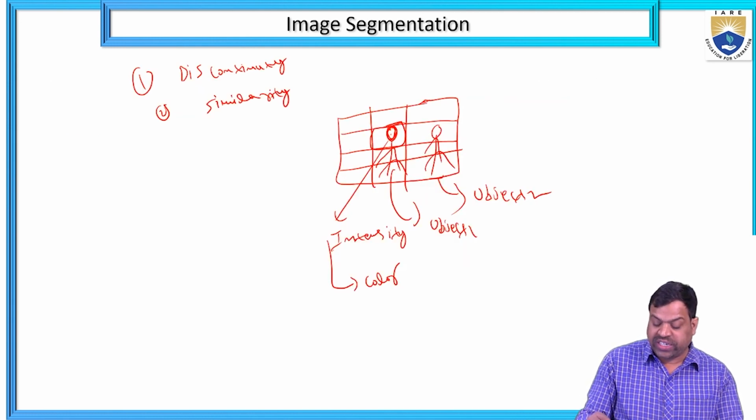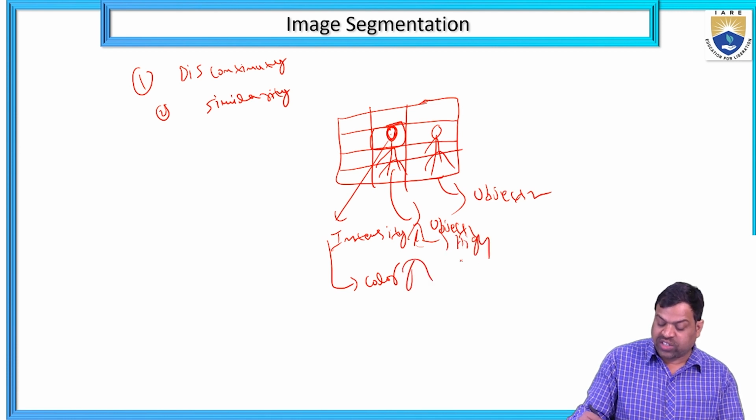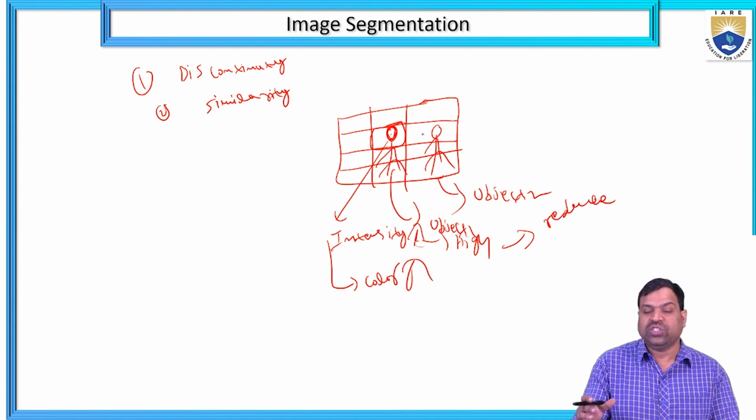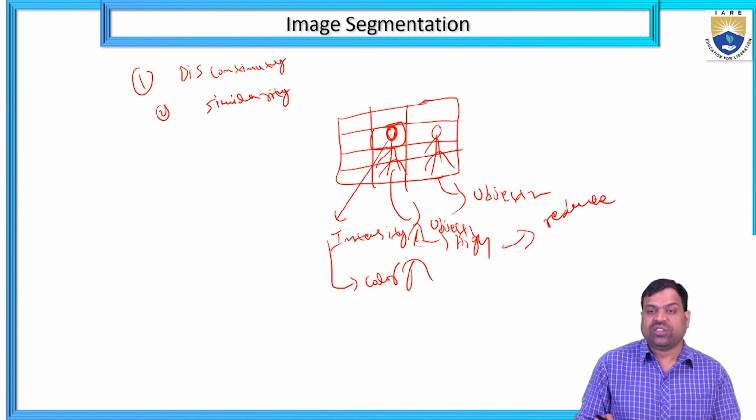Intensity, color, location, or texture can reduce the complexity of the image for easier analysis. Suppose the intensity is very high and we are not identifying it easily. So what do we have to do? If the intensity or color is high, what do we have to do to reduce it? How do I know? An object is there and intensity values are there. Is it visible to the eyes or not?